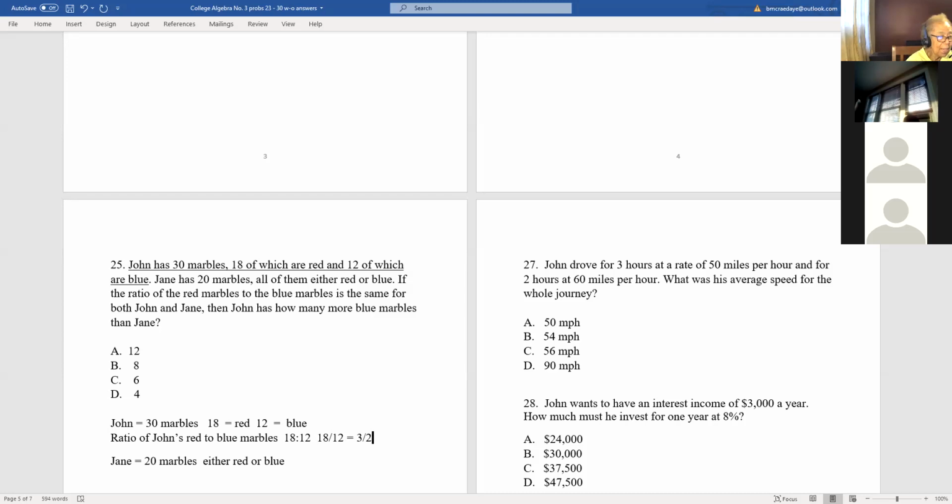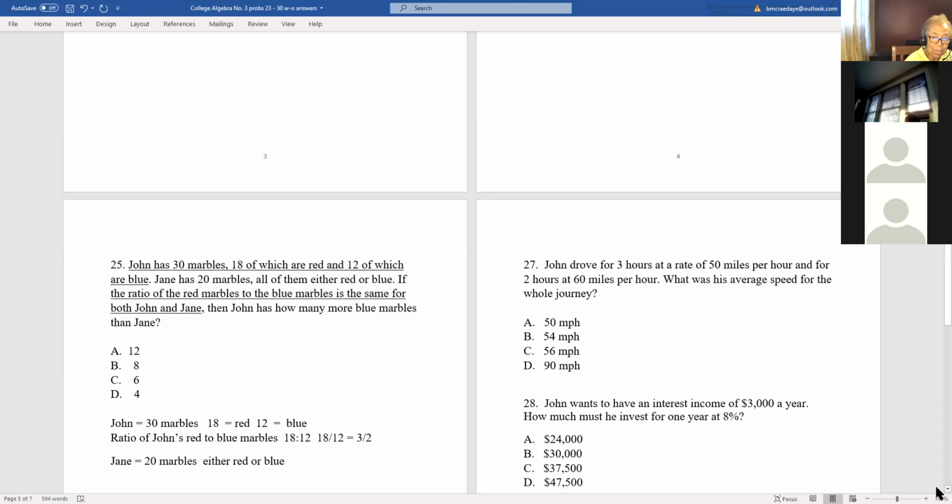But it said if the ratio of the red to the blue is the same, I notice they gave you that for both John and Jane. So if they're the same, that means the ratio of Jane's marbles is also 3 to 2, right? Yeah, because it says they're the same.